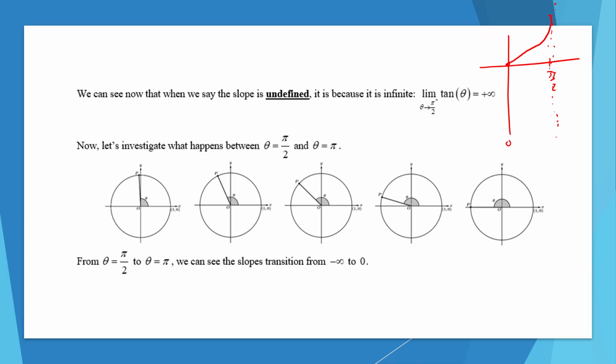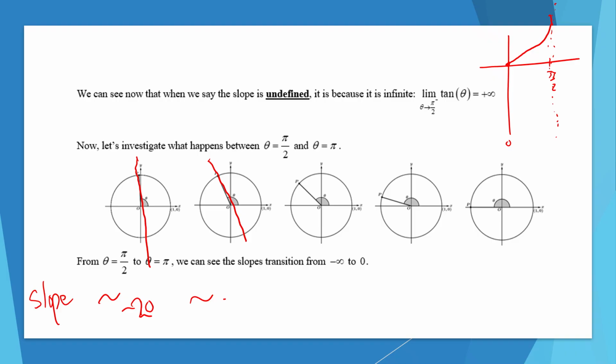But now let's see what happens as we go from pi over 2 to pi. So let's play this guesstimation of the slope game again. So here, when it's like this, it's really steep, but in the negative direction. So this might be maybe around negative, we'll go negative 20 again, right? A really steep slope. This one's not as steep, but still a little steep.